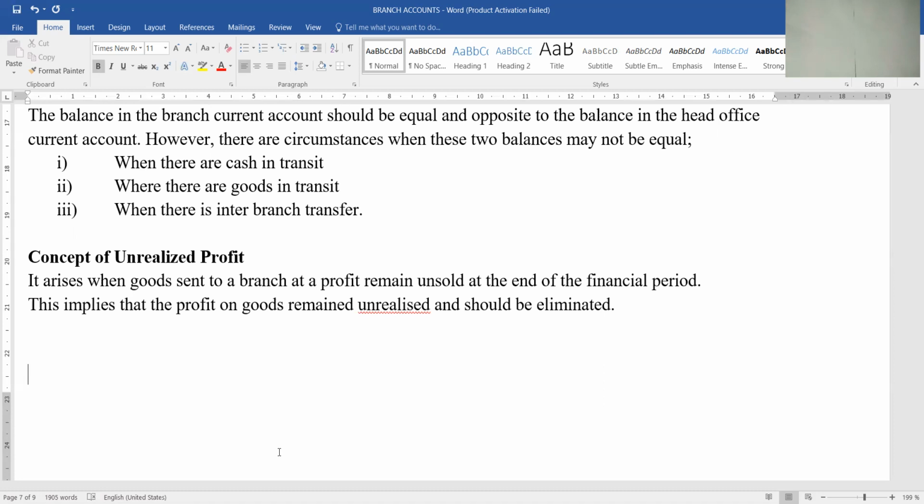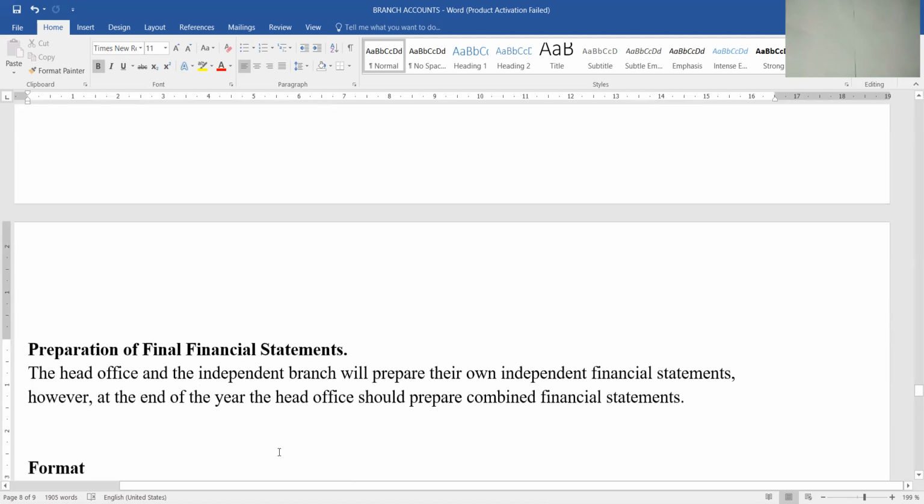We have said it arises when goods sent to the branch at a profit remain unsold at the end of the financial period. This implies that the profit on goods remained unrealized and it should be eliminated. So we have to check that unrealized profit.